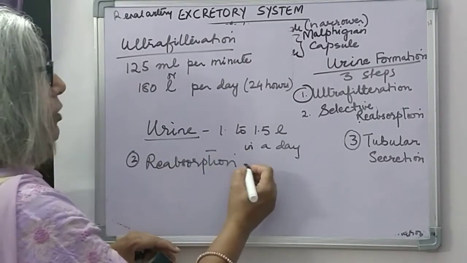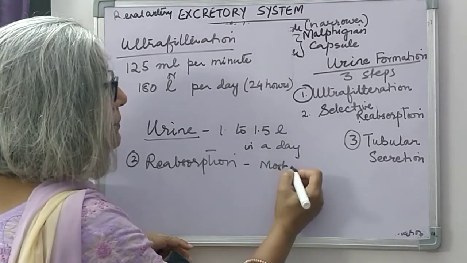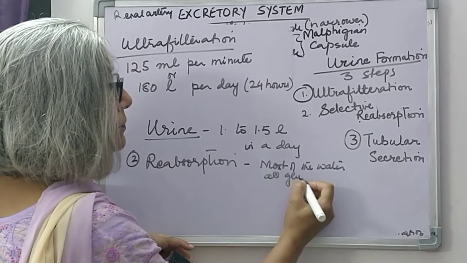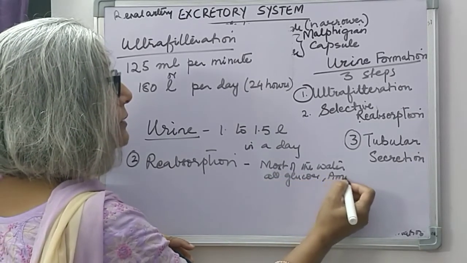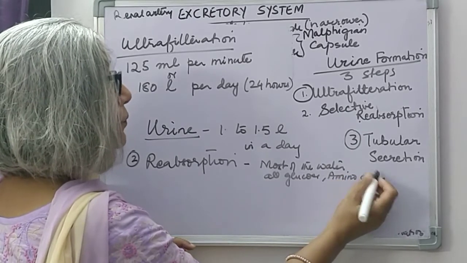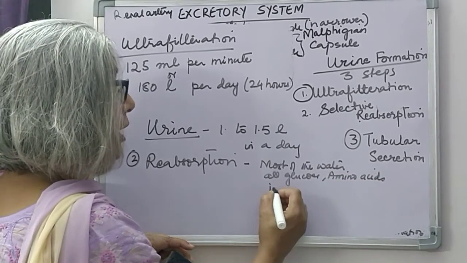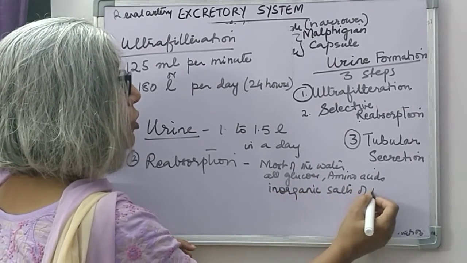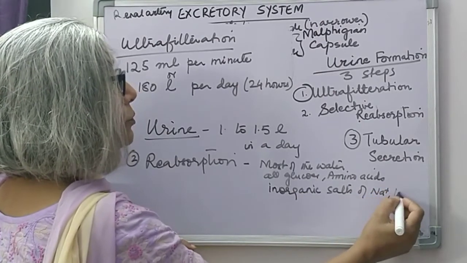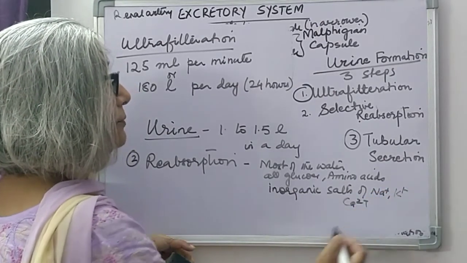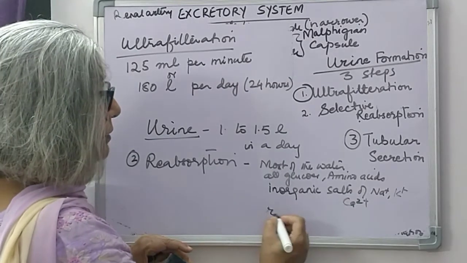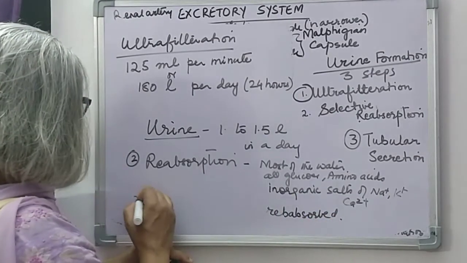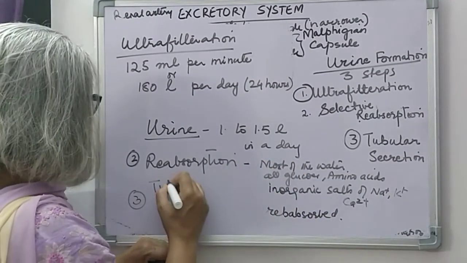In this step, most of the water, all glucose, amino acids, inorganic salts of sodium, potassium, calcium, these are reabsorbed. And the third step, that is tubular secretion.